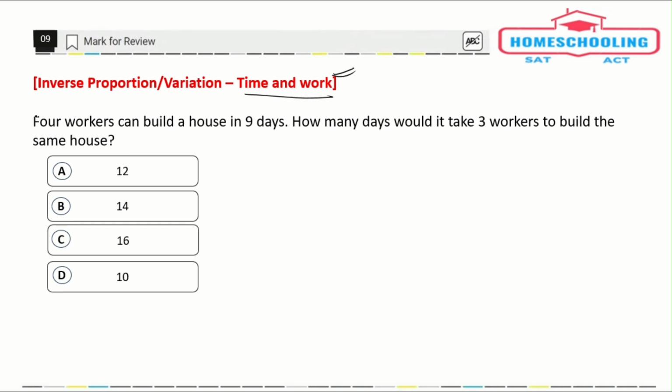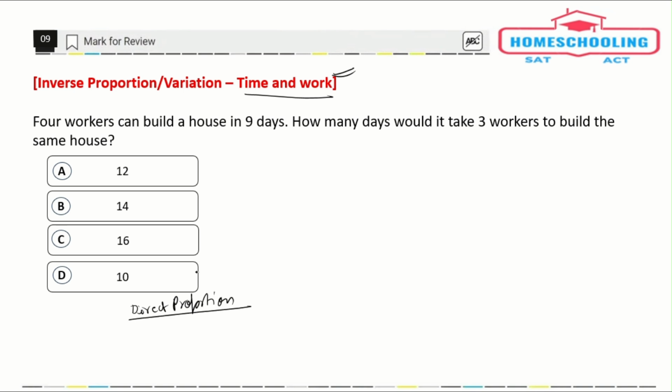So the question says that 4 workers can build a house in 9 days. How many days would it take 3 workers to build the same house? Previously we have solved questions using the direct proportion method.